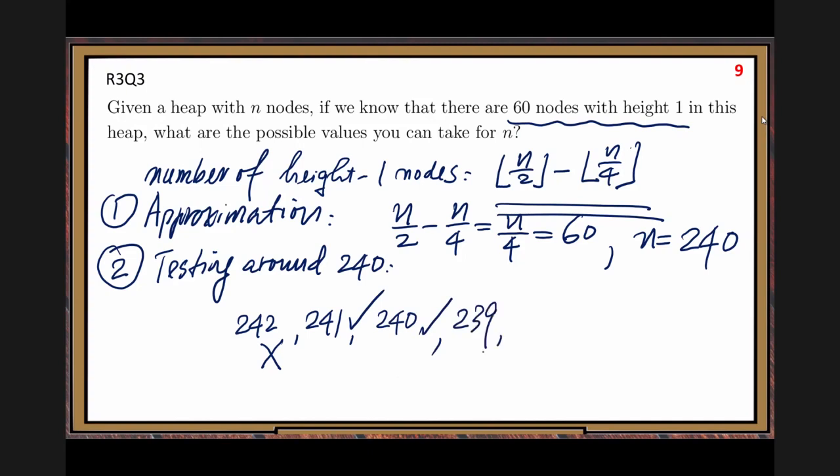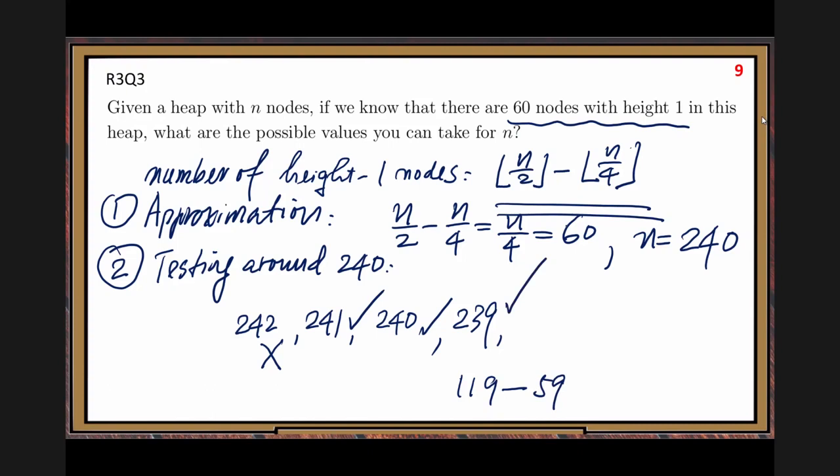Floor function, 119, right? Yeah, sorry, because 120 minus 1, 119. 119 minus 59, is it 59? Yeah, 59. That's 60. It's good.